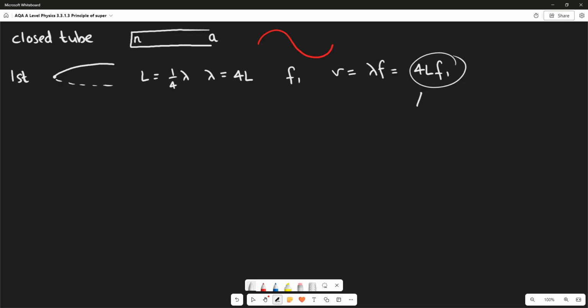And remember that the reason why we use this is that the velocity of the wave inside this tube has no reason to change. Unless, of course, you do something silly like take the instrument from a warm room into a cold room. But if you're doing a scientific experiment, you want to keep all of the variables as similar as you can possibly keep them. You want to keep things like that the same. And the velocity, therefore, should not change.